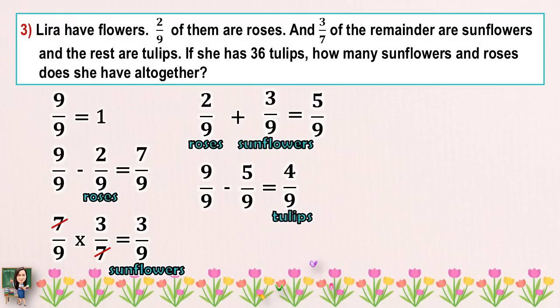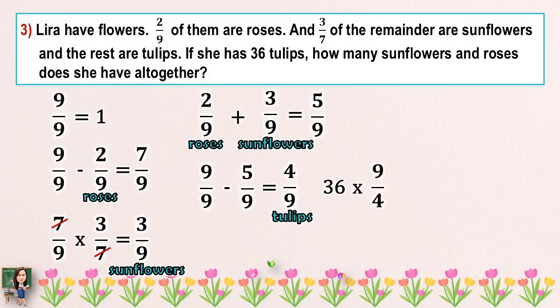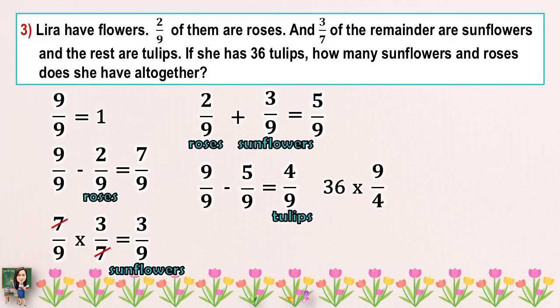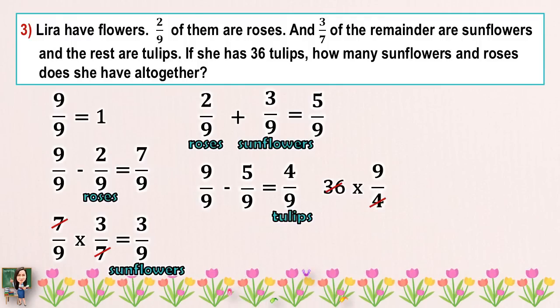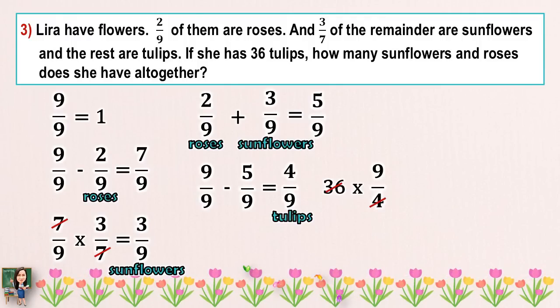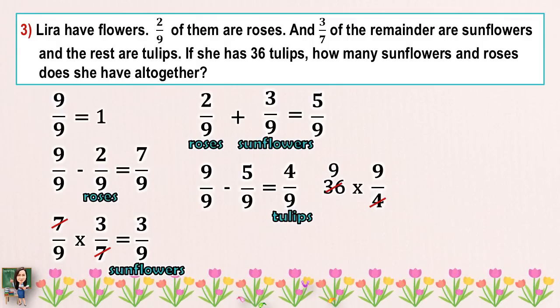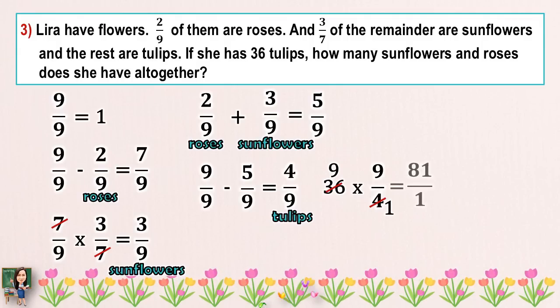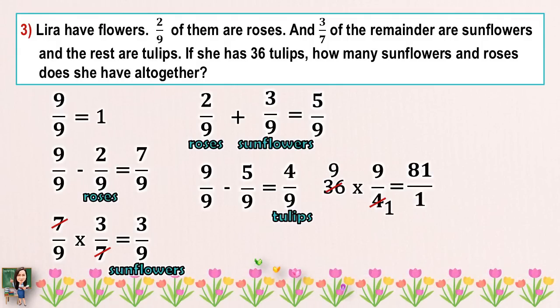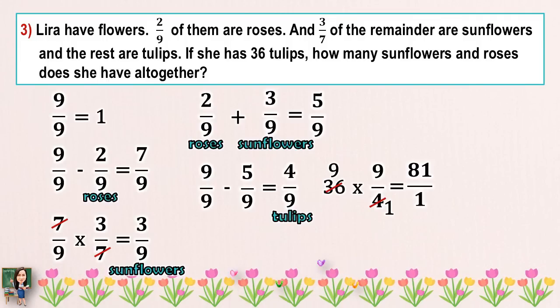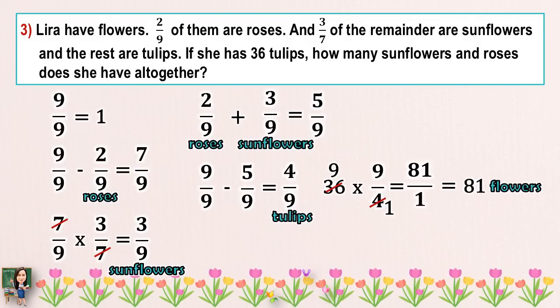So the number of tulips is 36. So 36 times 9 over 4. Use the cancellation method. The GCF is 4. 36 divided by 4 equals 9 and 4 divided by 4 equals 1. 9 times 9 equals 81 over 1. Divided by 1 equals 81 flowers.